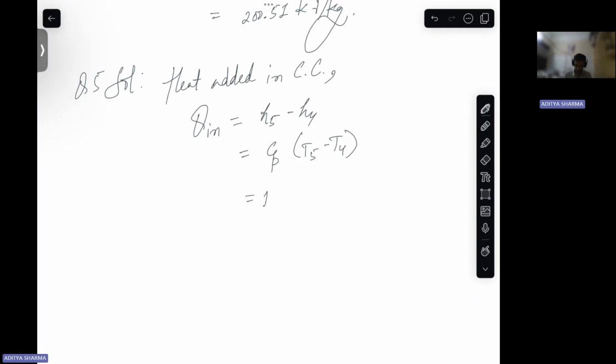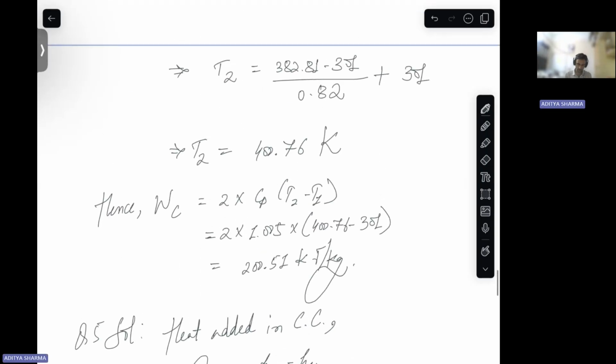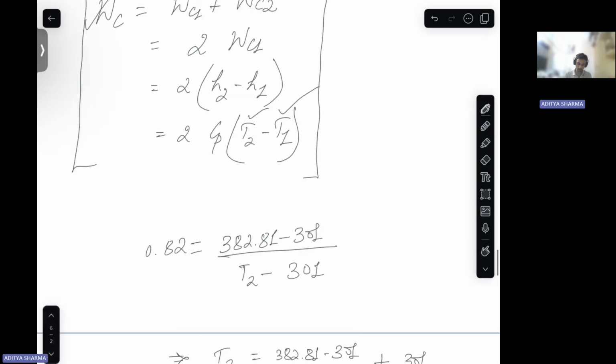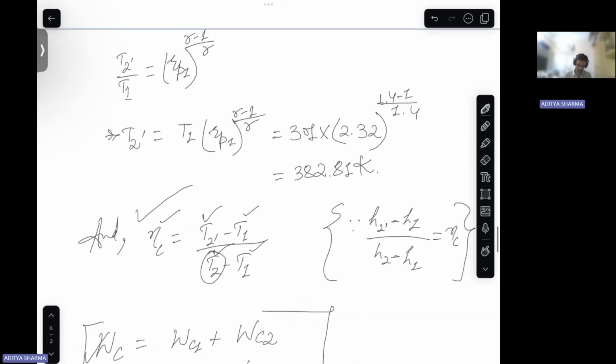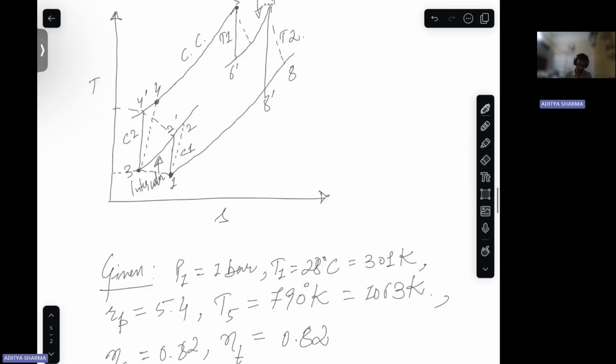What is Cp? 1.005. T5 we have? Yes, it's given, 1063. T4 do we have? Let's see. So we just calculated T2. Also because there is perfect intercooling, it means T4 is equal to T2, the same way as T1 is equal to T3, T2 dash equals T4 dash.